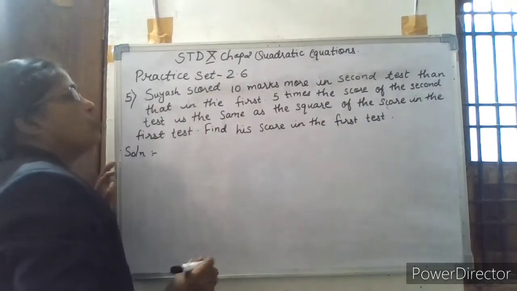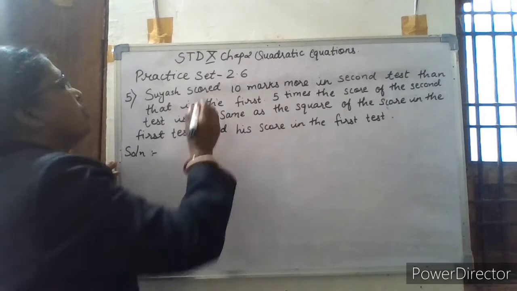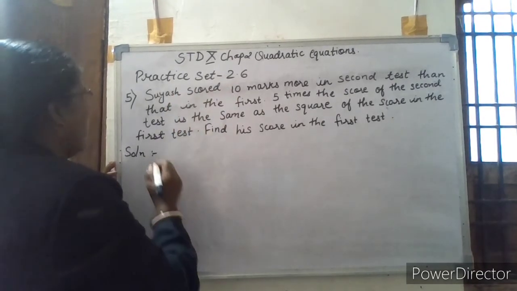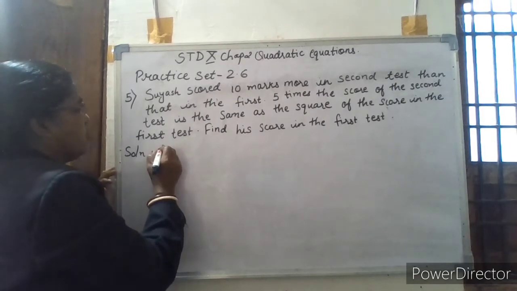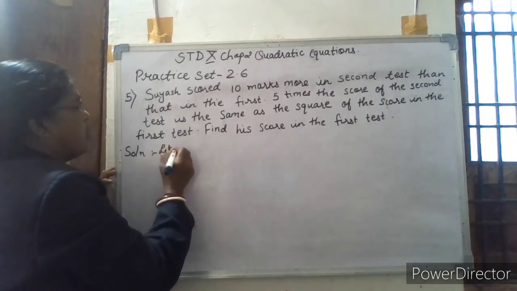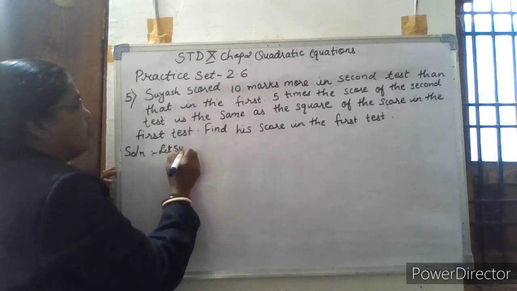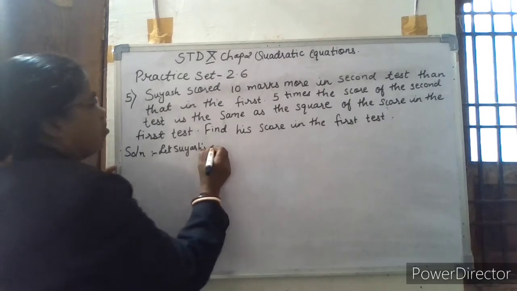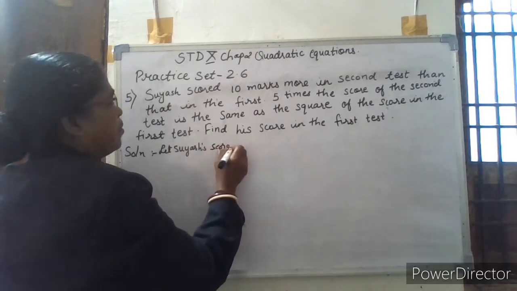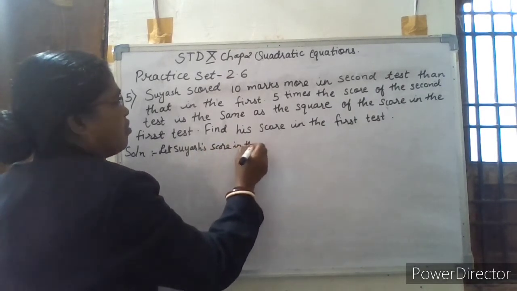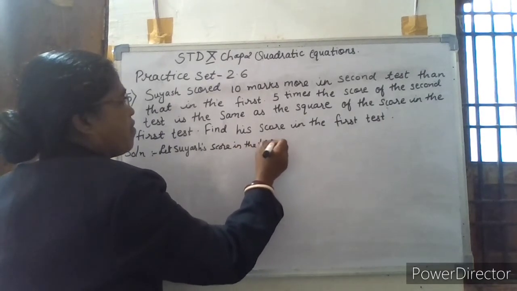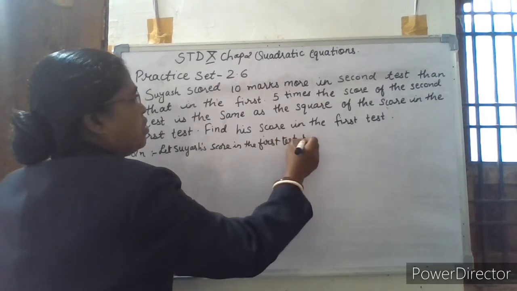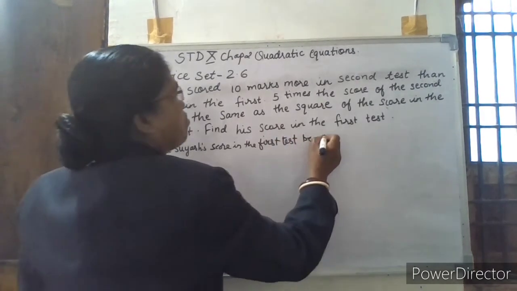So we don't know his score in the first test. So let Suyash's score in the first test be x marks.